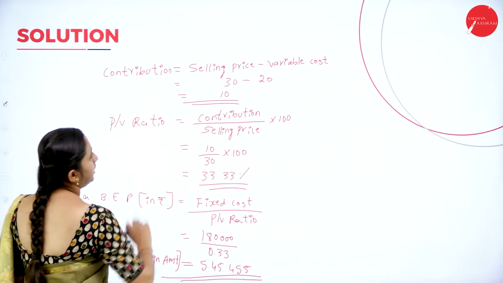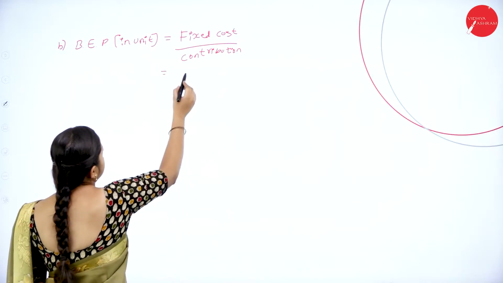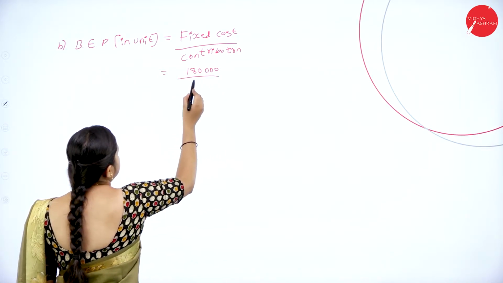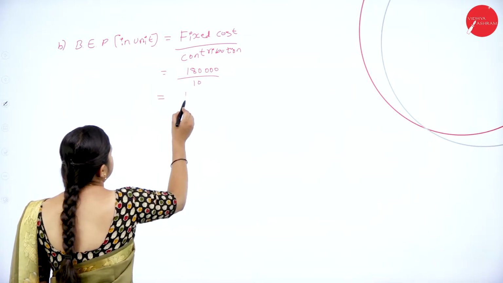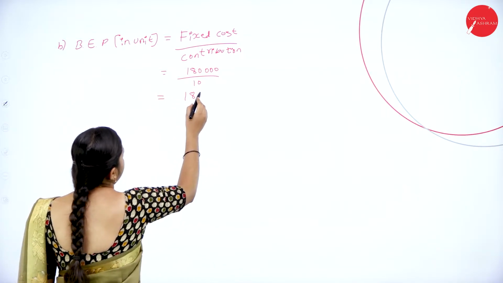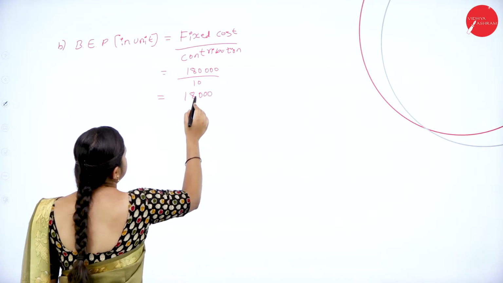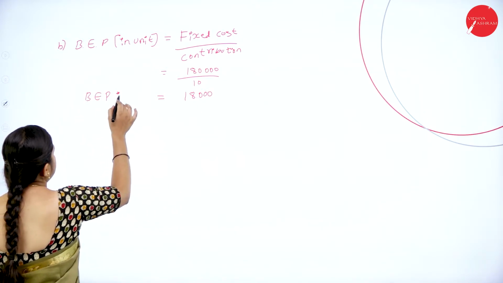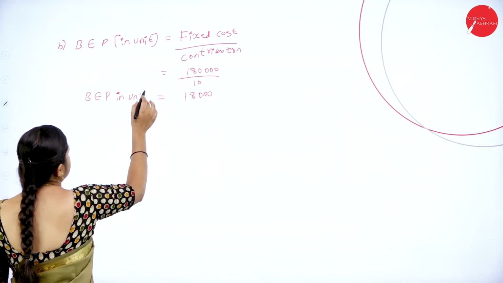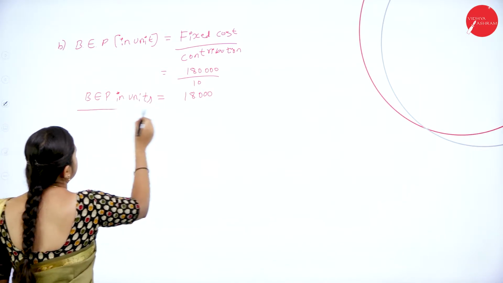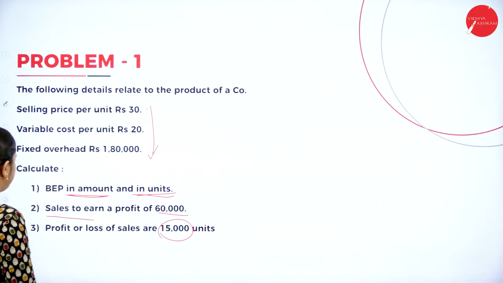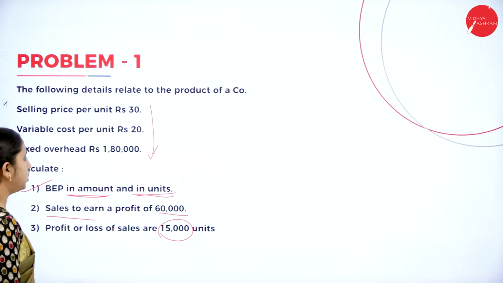Next, contribution is 10. 1,80,000 divided by 10 is 18,000. BEP in units. So, here the first calculation is over.